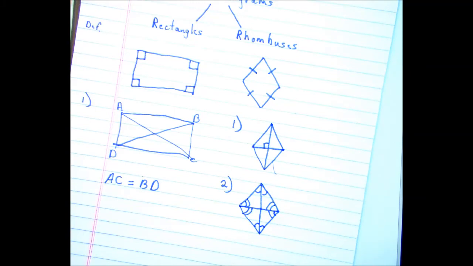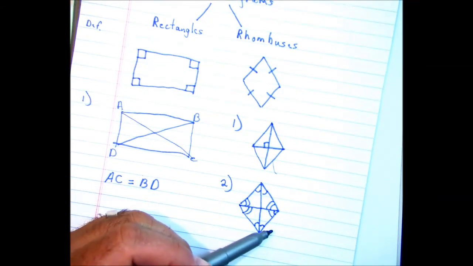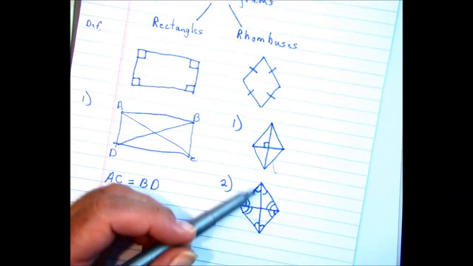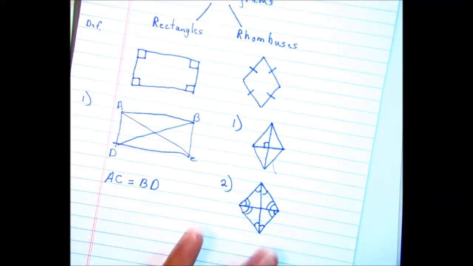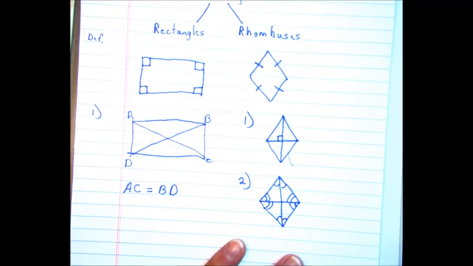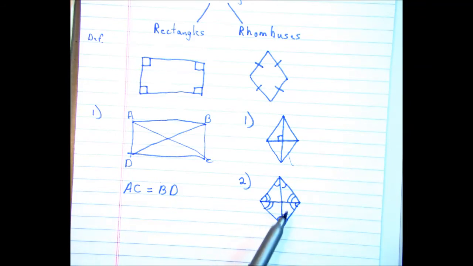The diagonals bisect all angles. So not only are the alternate interior congruent, but all four of them would be congruent because they're being bisected, meaning it's cut into two equal pieces. So you have the rule, diagonals bisect all angles, and this rule, diagonals are perpendicular.